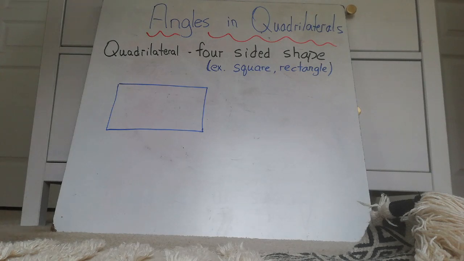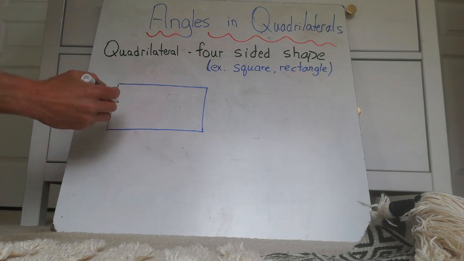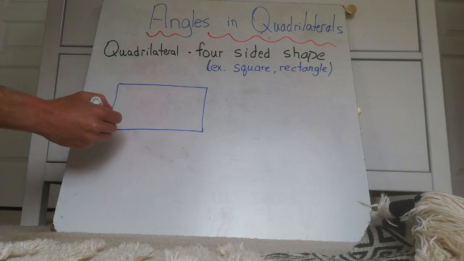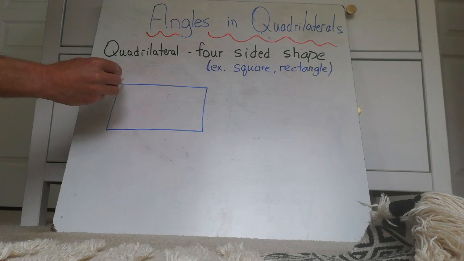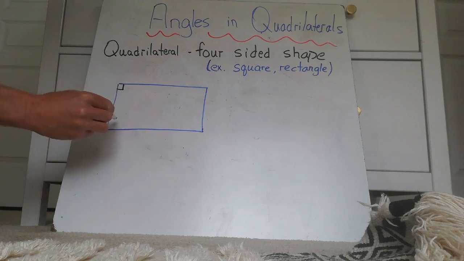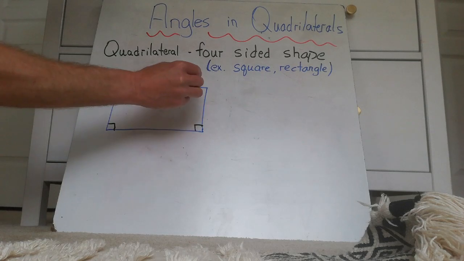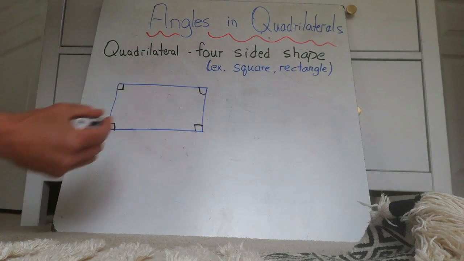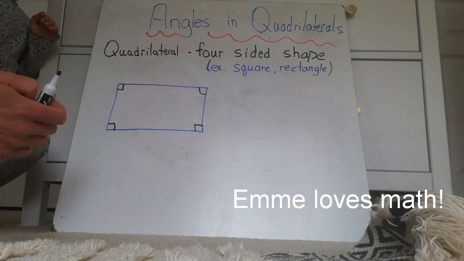Rectangles and squares have four angles, and all four are the same measurement, because they're all right angles, so they're all 90-degree angles.